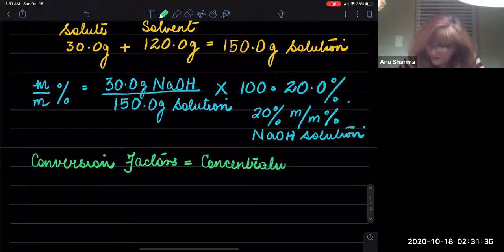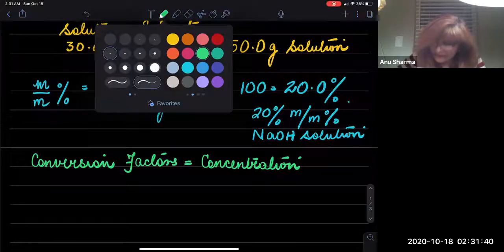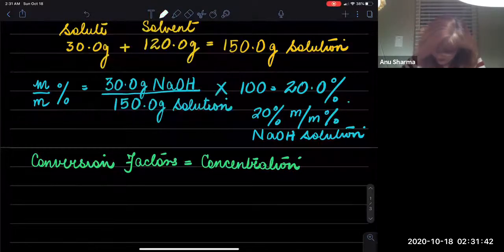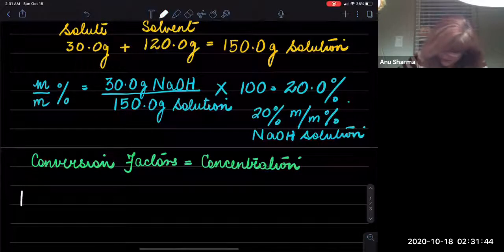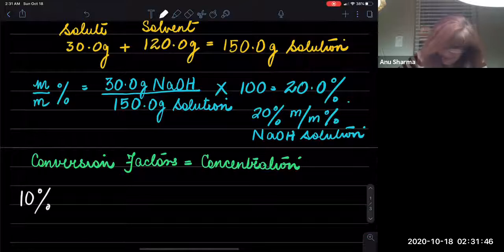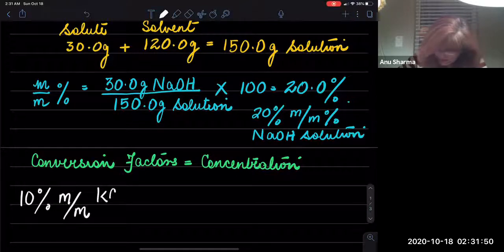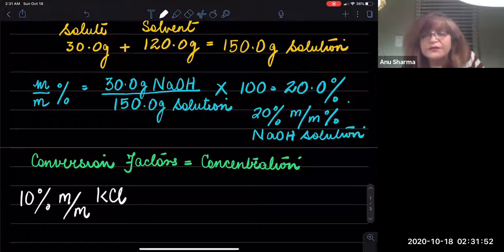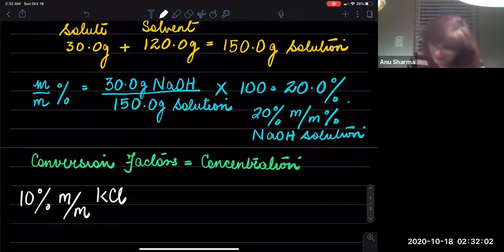So we have here, let us say, one example of a 10% mass by mass KCl solution. How are you going to use this information for the conversion factors? Or what does this mean?